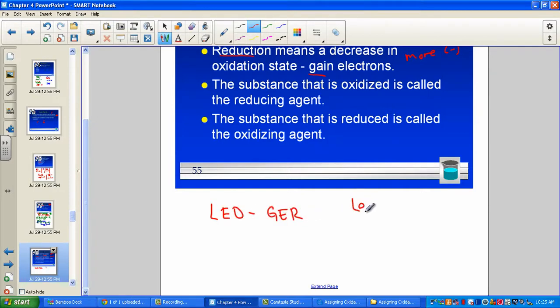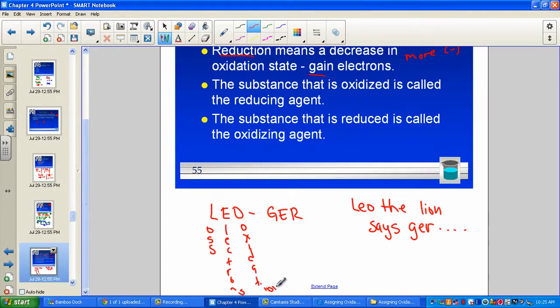There's a funny little sentence: LEO the lion says GER. LEO, loss of electrons, is oxidation. And GER, the gain of electrons, is reduction.